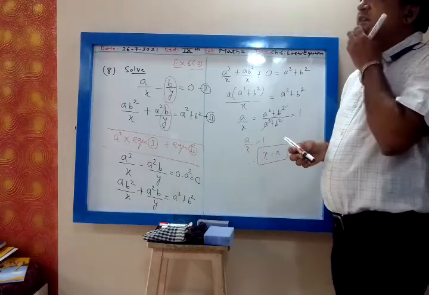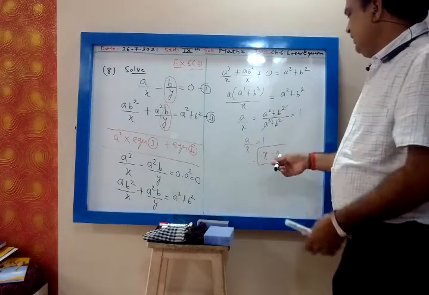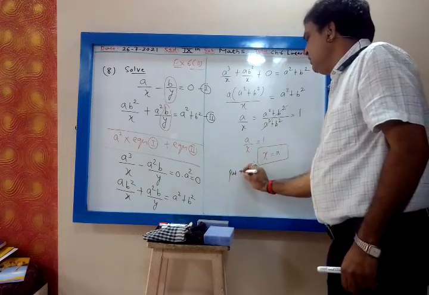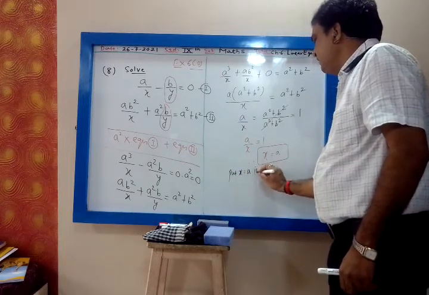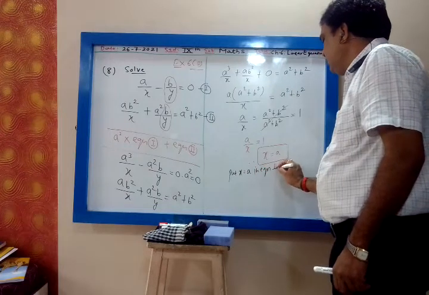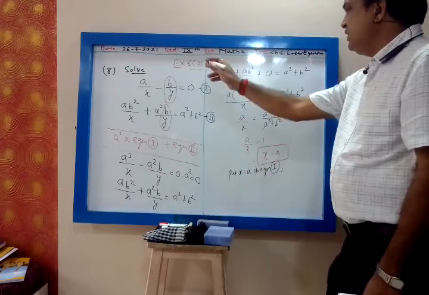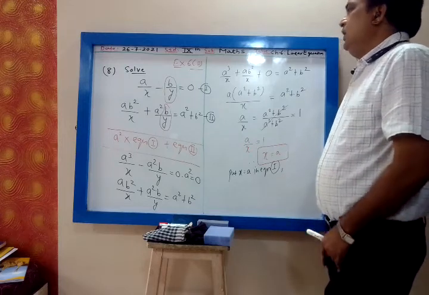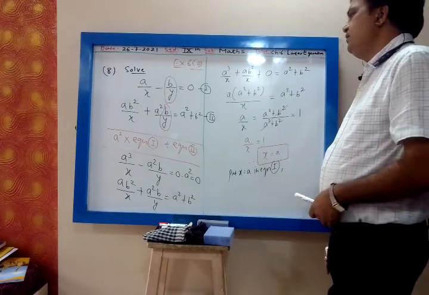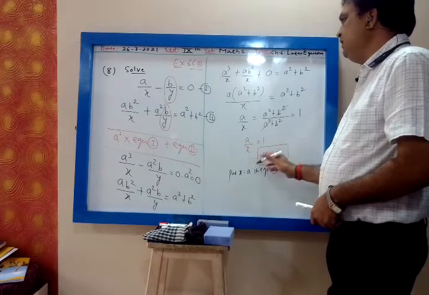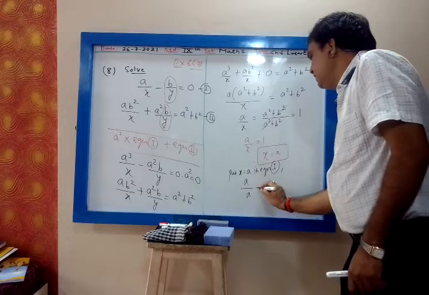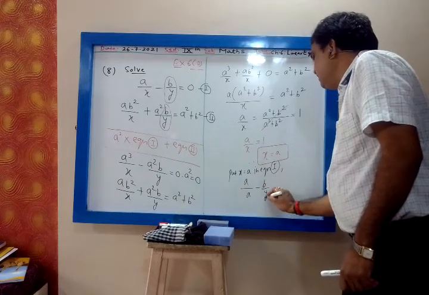Now put the value of x is equal to a in equation 1. So a upon a minus b by y is equal to 0.